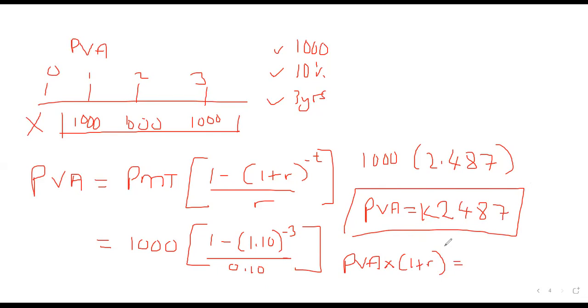So 1.10 times 2,487, this gives you 2,735.7. So this is how we find the annuity due. So an annuity is a series of equal periodic payment.